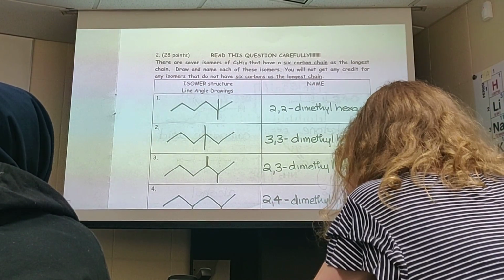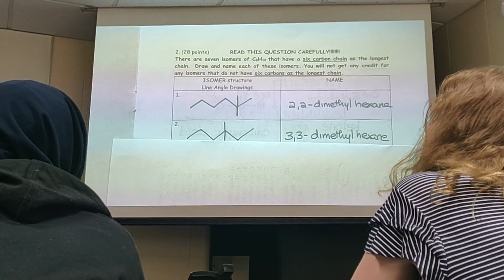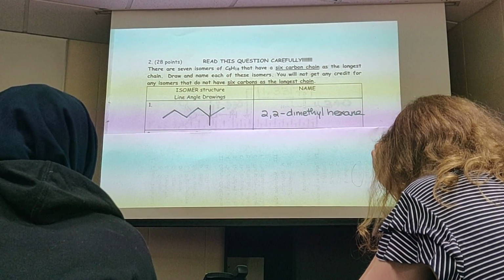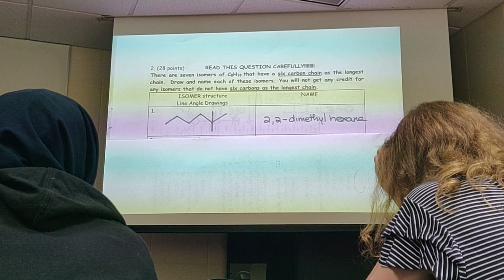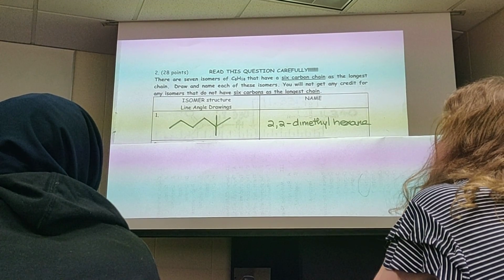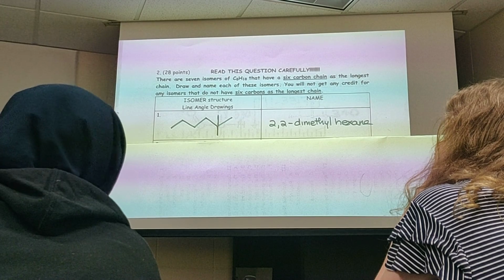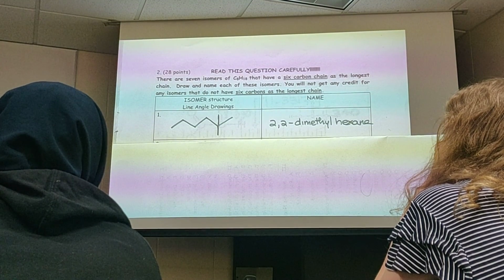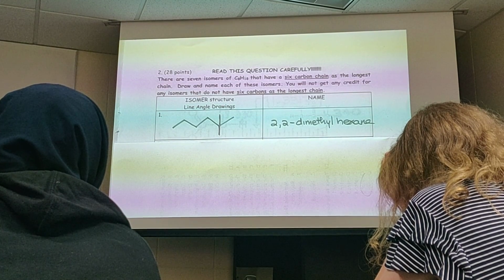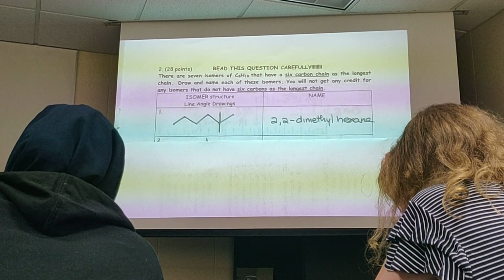Okay, so the isomers of C8H18 with 6 carbon chains as the longest chain. With 8 carbons, and we want the isomers with 6 carbons in the longest chain, we're looking at hexanes, and we've got 2 extra carbons, right? So we could put both of the methyl groups on carbon number 2.